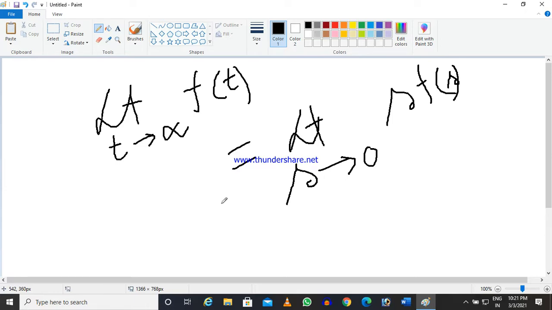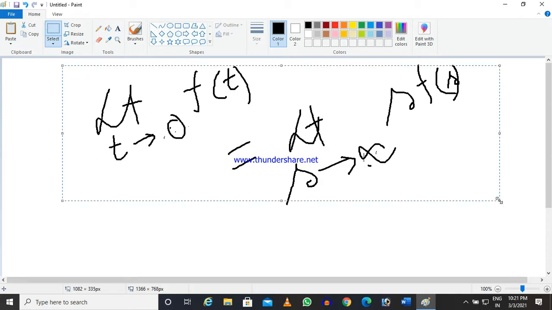And for the initial value theorem, this should be 0 and this should be infinity. Okay, so these are the initial and final value theorem.